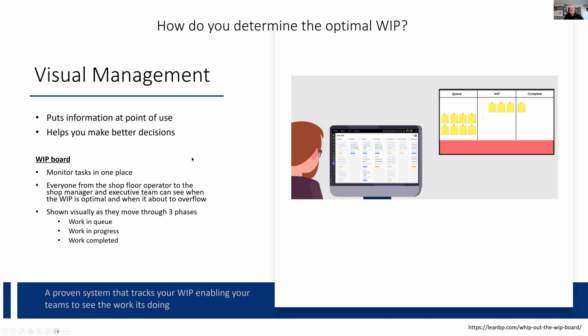So how do we determine optimal WIP in the shop? For me, what we have in our system provides visual management of that. The visual management really puts all the information that we need at the point of use, so the shop manager, anybody that has a need for this information can see it.